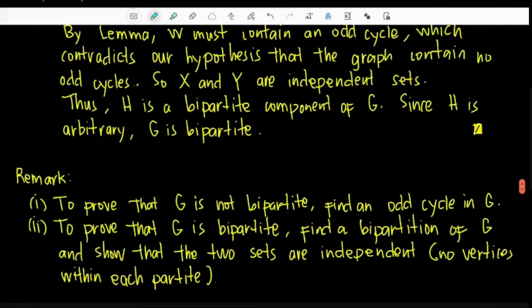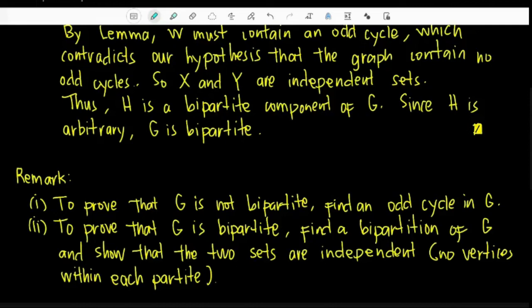As I said a while ago, this is a very strong theorem because this makes our search for bipartite graphs a lot easier. To prove that G is not bipartite, all you need to do is to find an odd cycle. Because once an odd cycle exists in a graph, then by this theorem, we are sure that this graph is not bipartite.